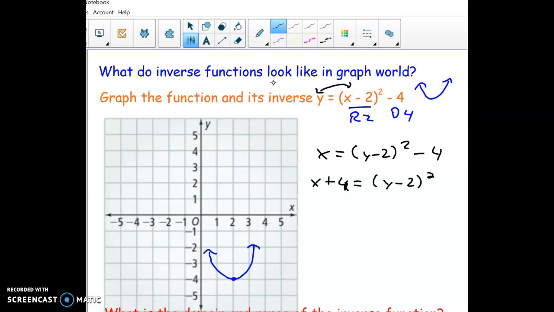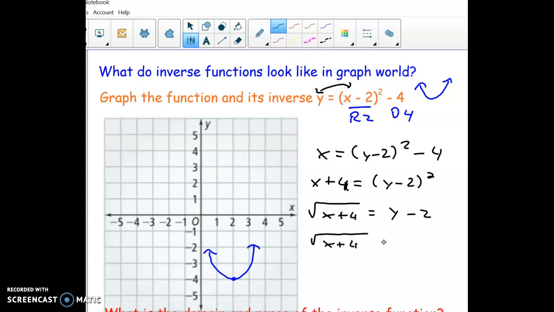But if our goal is to solve for y, it's going to be easier to just take the square root of both sides at this point. So that this side becomes root x plus 4, and then the square cancels out over there, and it becomes a much easier problem for solving for y. So don't FOIL there.